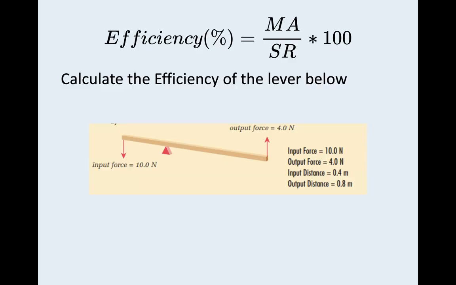So here's our formula. The mechanical advantage divided by speed ratio times 100. I'm going to leave this lever question for you, but let's do this formula with our pulley that we just did.